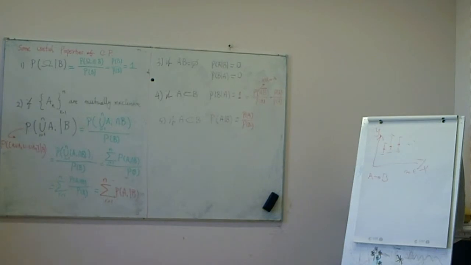Now, by knowing these properties, and by knowing the definition of mutually exclusive and exhaustive, we want to define a new theorem, which is called the total probability theorem.